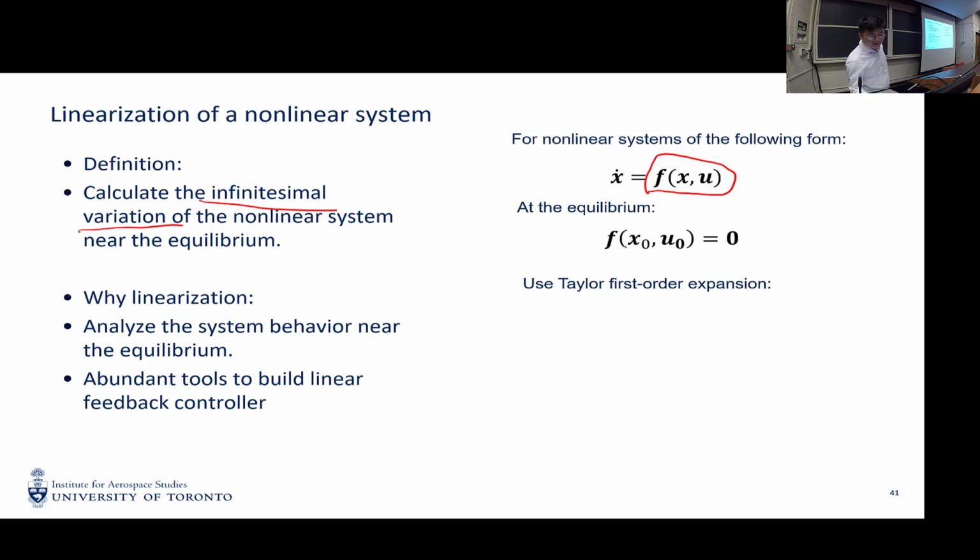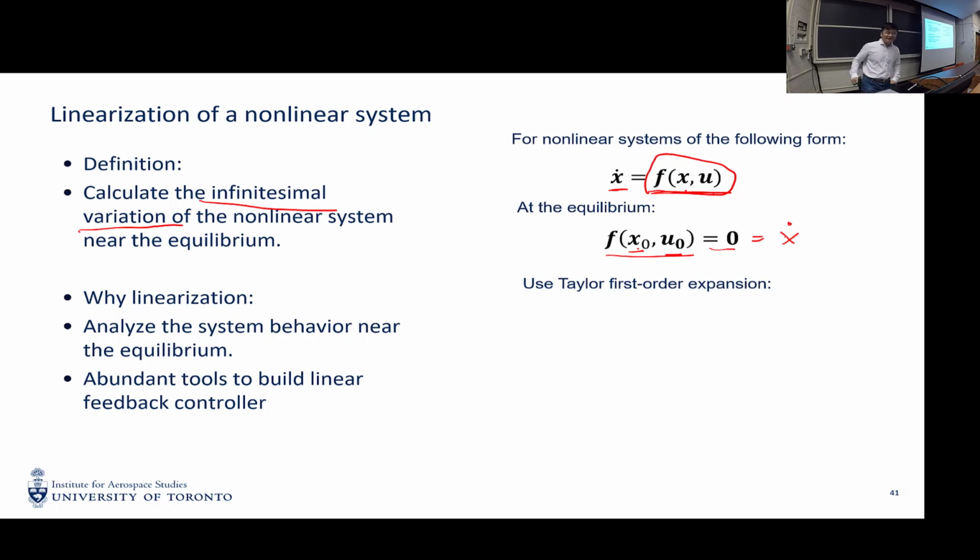For a system x dot equals f of x and u, if the equilibrium is denoted by x naught and u naught, it means that if we plug in x naught, u naught, this f should be 0. It means that at this point x dot is 0. So this is the definition of equilibrium. At this point, nothing moves.